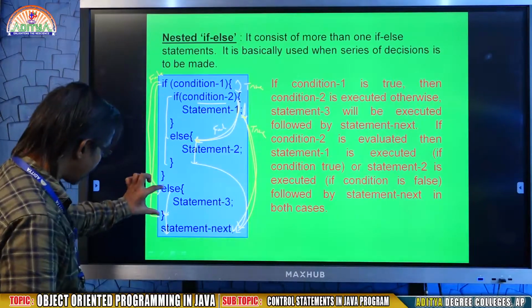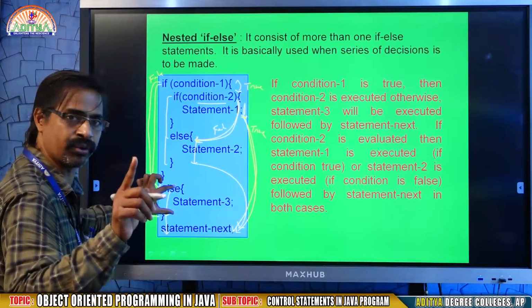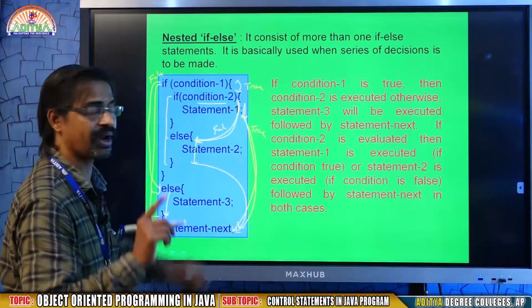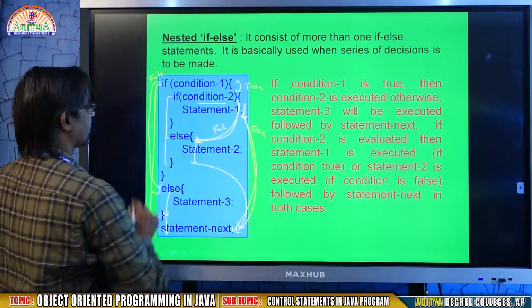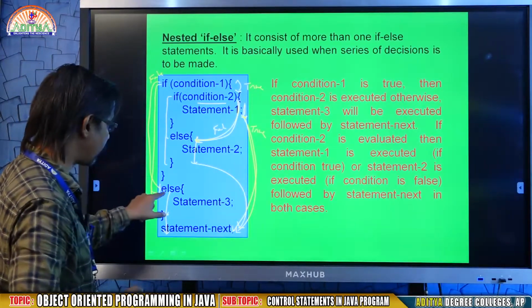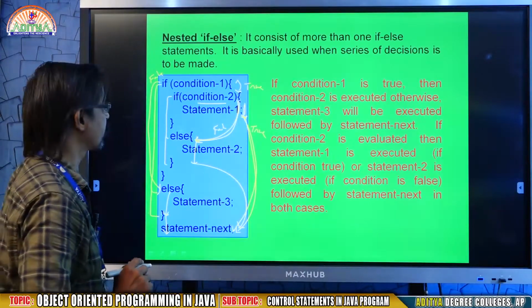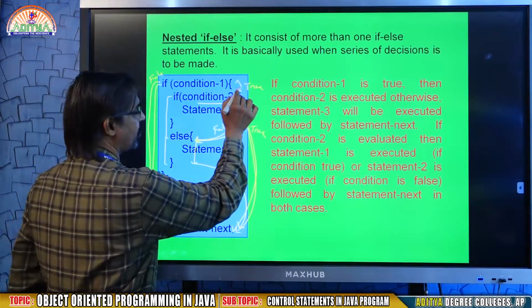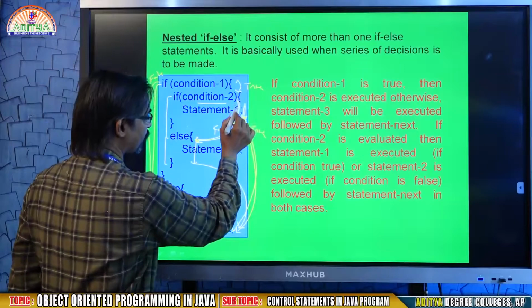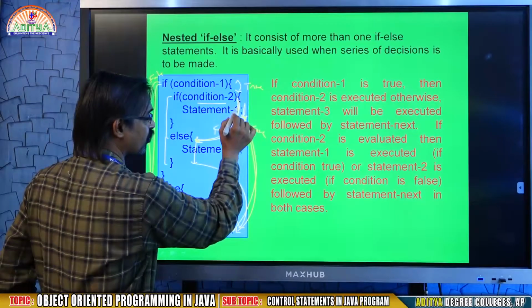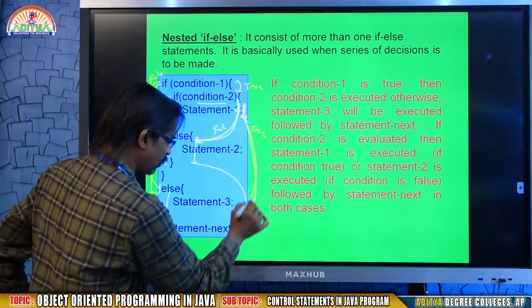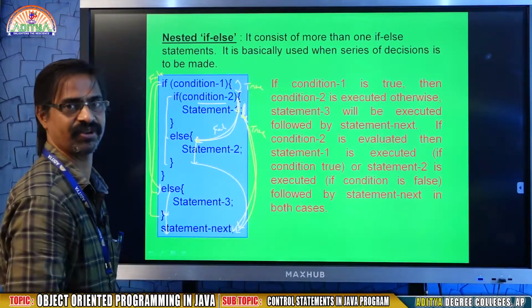That means the last else is executed if condition 1 is false. From that place it will go down. If condition 1 is true, it will come to condition 2, from that place it will execute statement 1 and then go out to statement next.